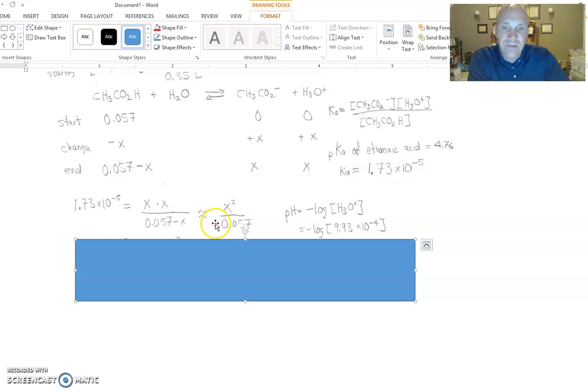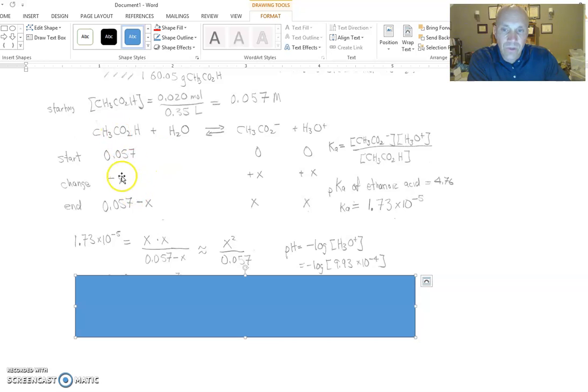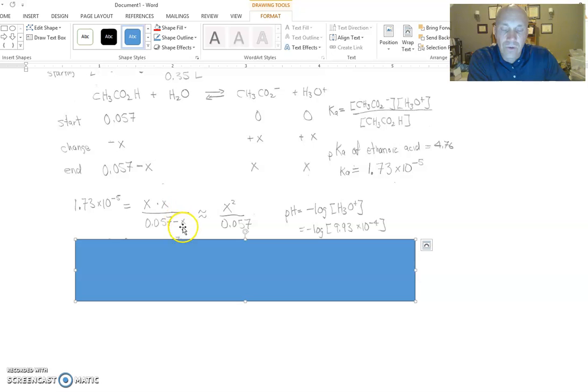We can basically get rid of that minus x, since this is so small. We know that there is very little dissociation. So that means that this x right here would be very, very small compared to this number right here.